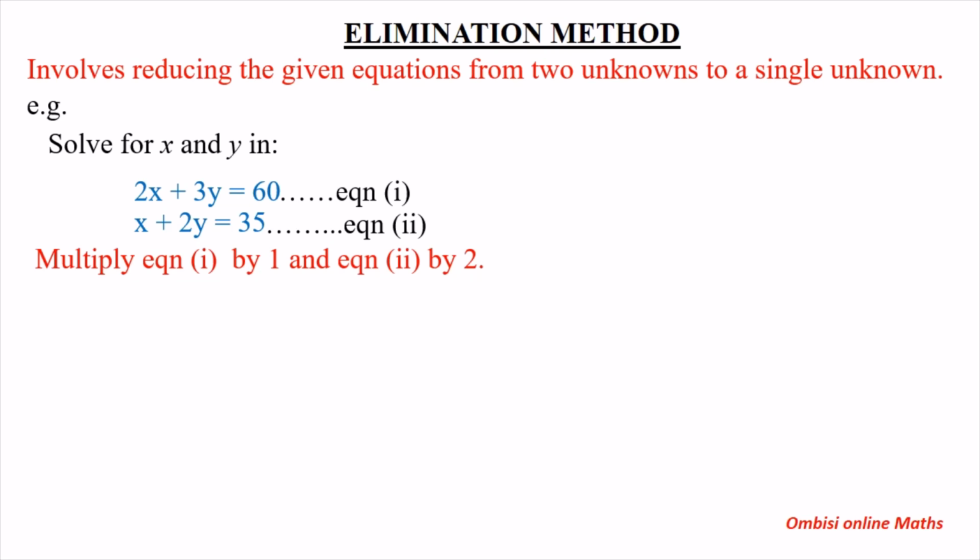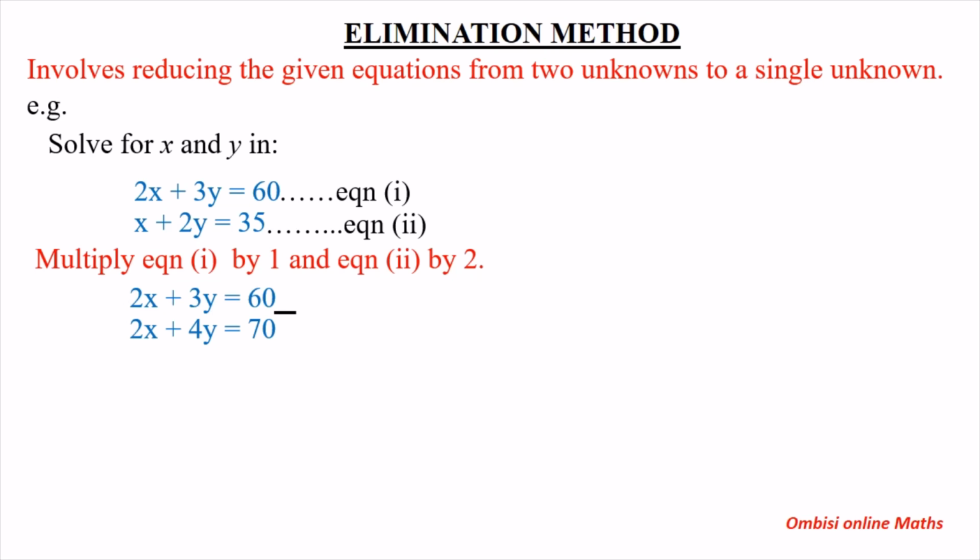Our main aim here is to make sure the coefficient before x is equal so that we can subtract and eliminate it. When we do that, we'll end up with 2x plus 3y equals 60, then 2x plus 4y equals 70. Now when we subtract these two equations, you can see the coefficient before x is the same.